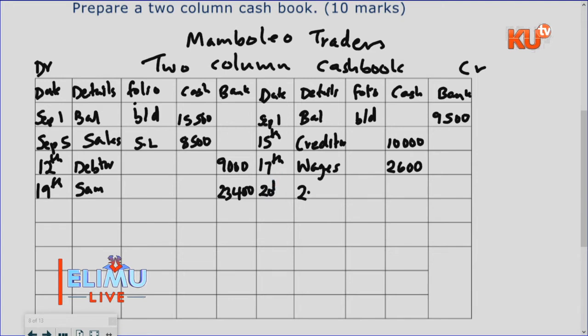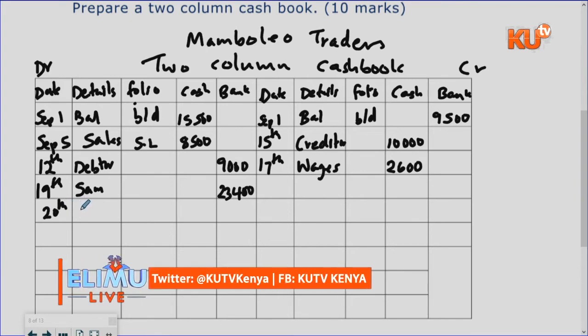It is received, sorry, that should be debited. So we'll debit on 20th September. That is from who? From a debtor. Cash or bank? Cash of how much? 6,700. Good.